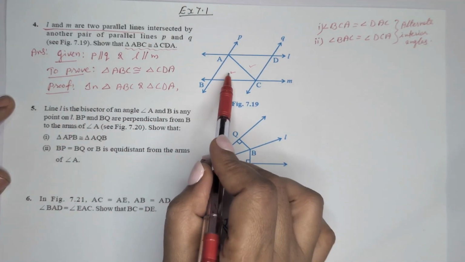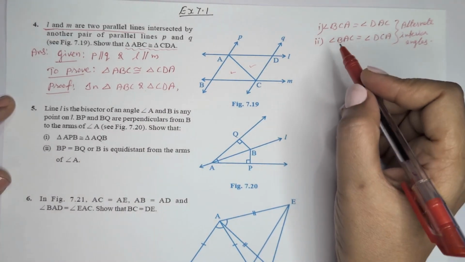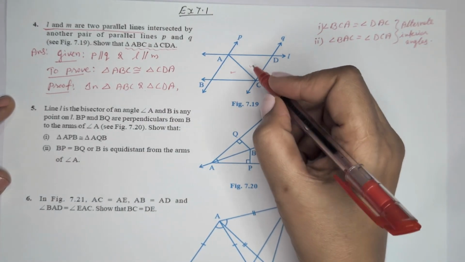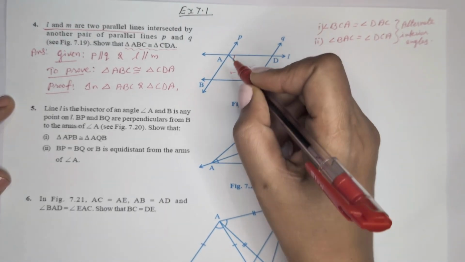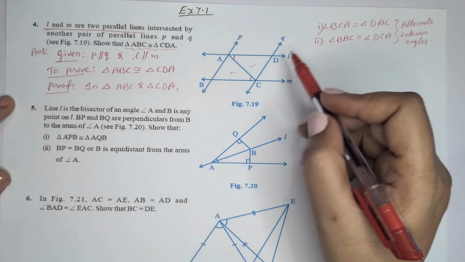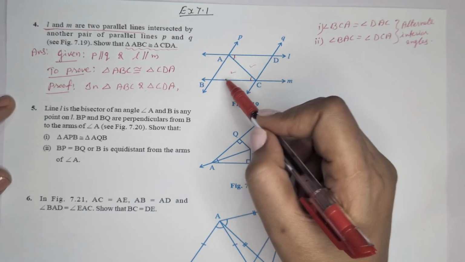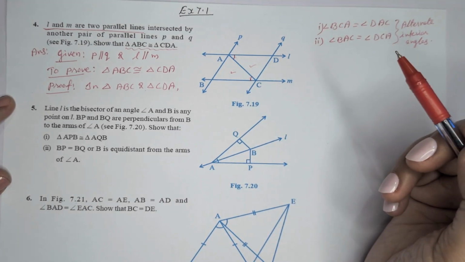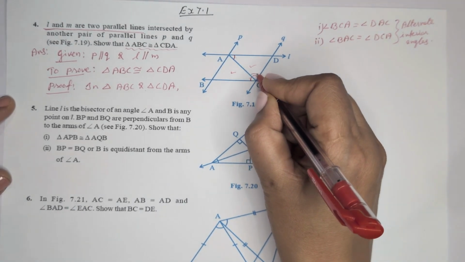Proof: consider these two triangles ABC and CDA. Then we have to write the conditions. First one, angle BCA is equal to angle DAC. Alternate interior angles. These two lines are parallel, so these two angles are alternate interior angles and they are equal. Similarly, these two angles.